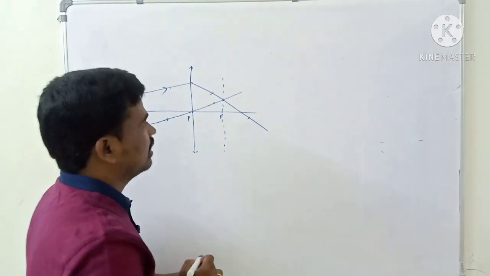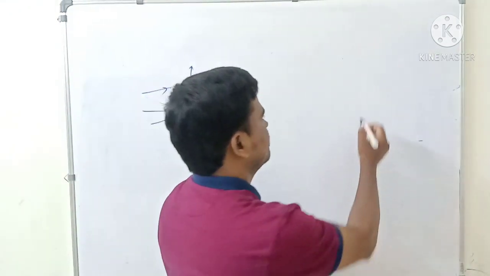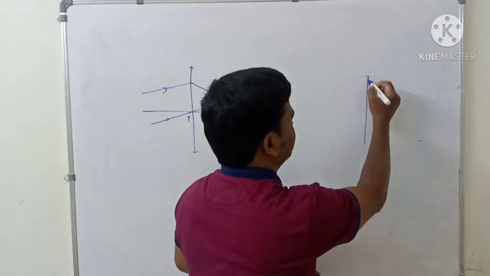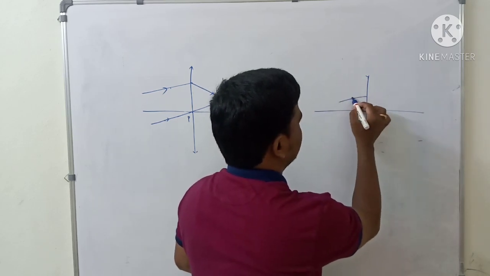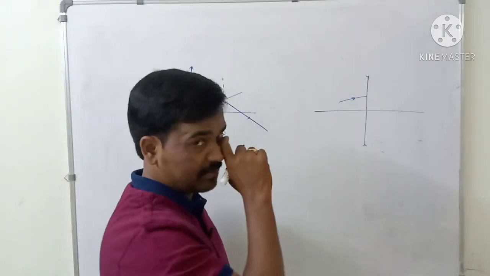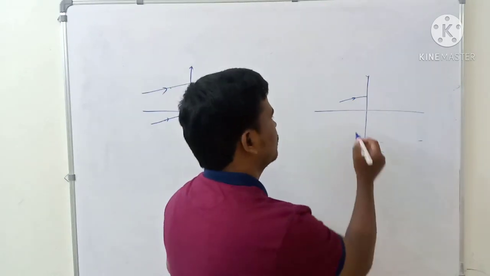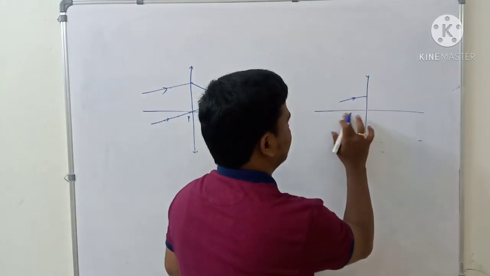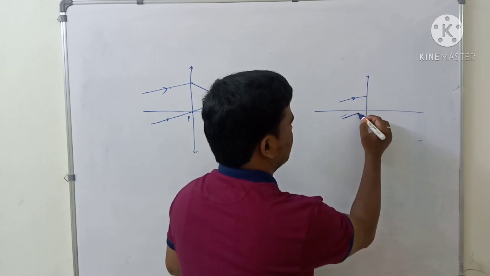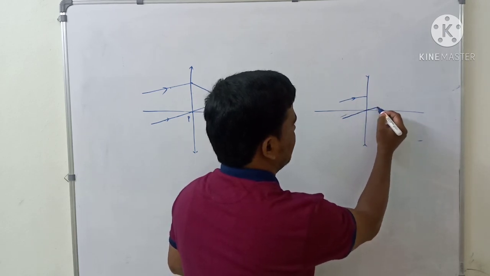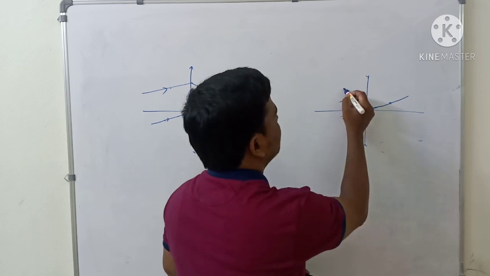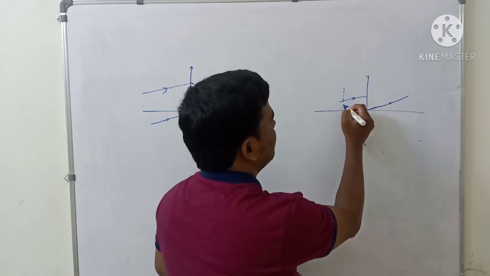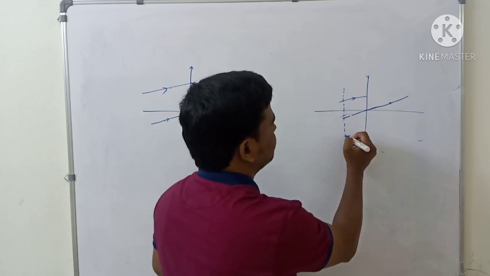Now let us take an example for the concave lens. The same question: find the path of the refraction. Here also you have to draw a parallel line, parallel to the given ray, and it goes without deviation. But you have to draw the focal plane on this side for the concave lens because it diverges.